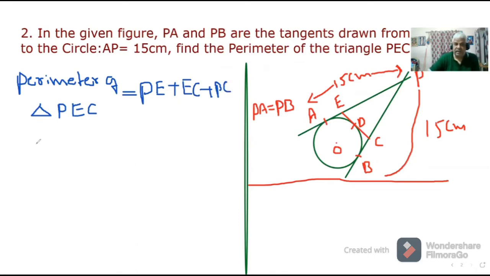Right, friends? Now observe PE. Here PE is there, and PE and PC, and this one is EC. These three measurements. Now I just make a slight change here. Just observe the circle.